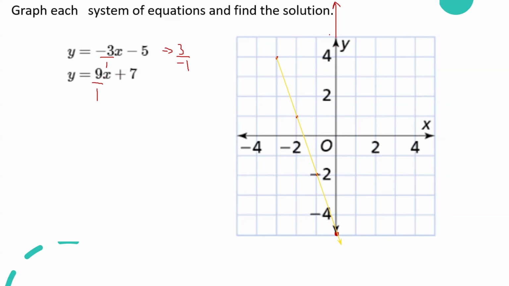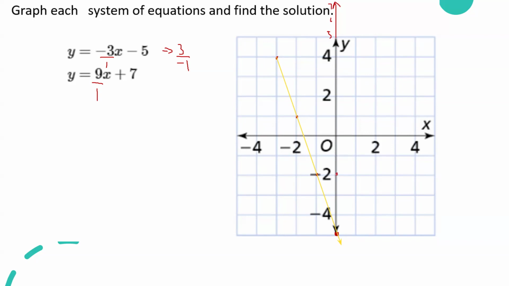So if here is 4, here is going to be 5, here is going to be 6, and 7 would be somewhere up here. So from 7, I'm going to go down 9: 1, 2, 3, 4, 5, 6, 7, 8, 9. So my 9 is right here.